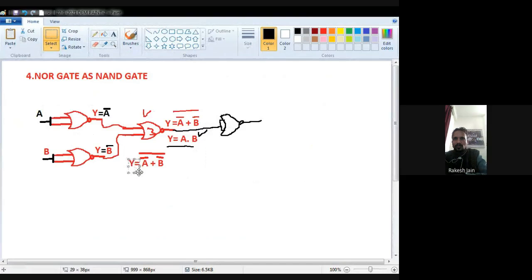So I use one more NOR gate which behaves as an inverter. So now this will generate your final output.